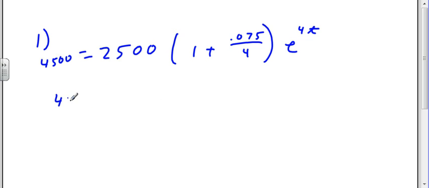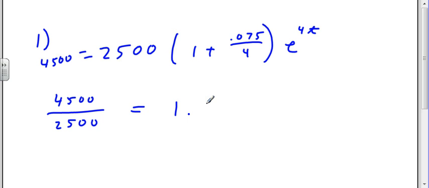So 4,500 divided by 2,500 is 1.8. Where's my calculator? In my pocket.